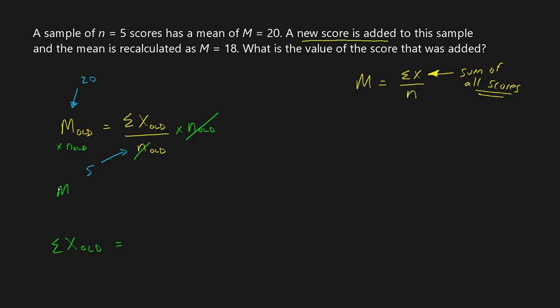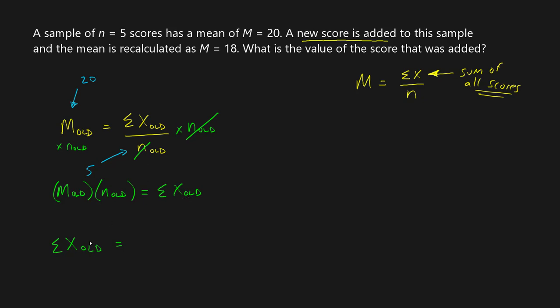It'll be M old times n old. So I'm just multiplying the two of these together. Remember, brackets next to each other means that you are multiplying these two values, is equal to, and the only thing left on this side is my sum of x old. The little subscripts just tell me that I'm dealing with my original set of data.